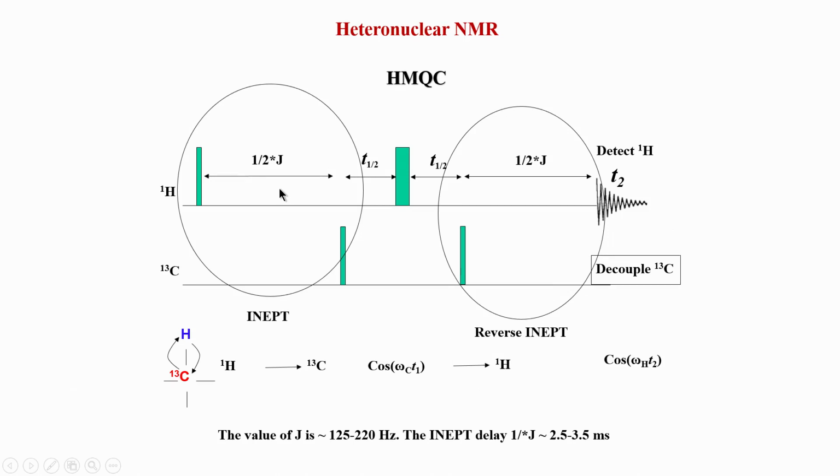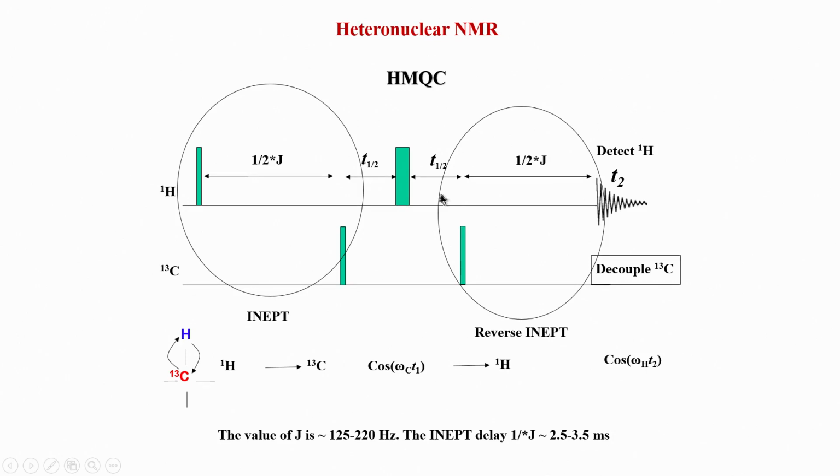That is because the 180 pulses are not broadband, and they affect the inversion; the 180 degree pulses are supposed to invert the magnetization, similarly for carbon, but they are not really uniform over the entire chemical shift range. Because of that, all the chemical shifts of carbon are not equally affected by this 180, and at the edges of the spectrum the sensitivity goes down.